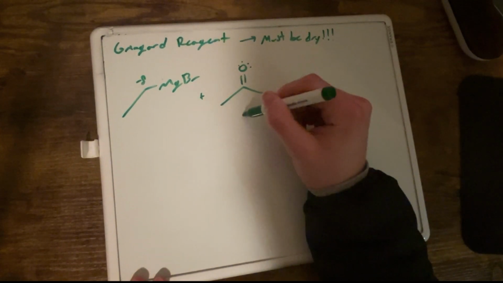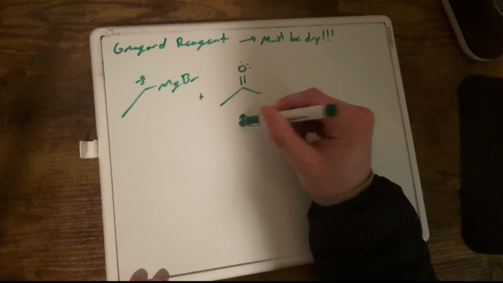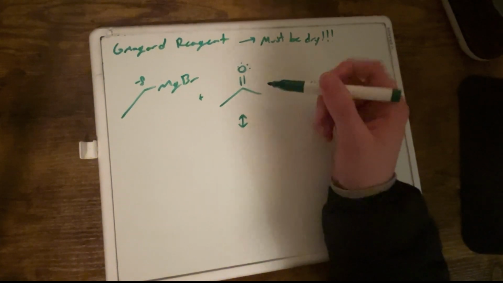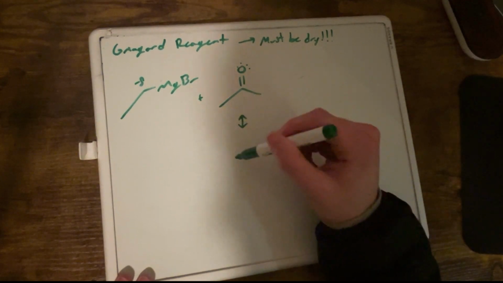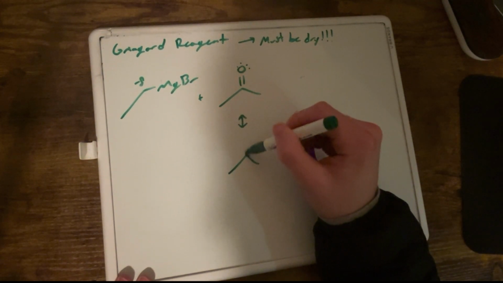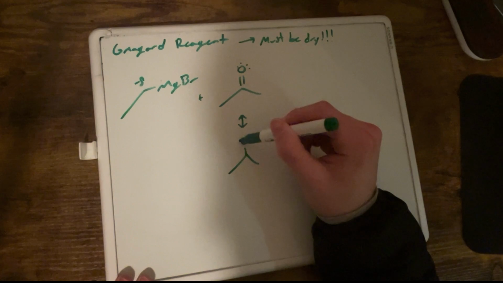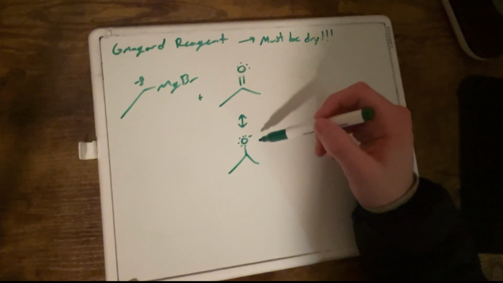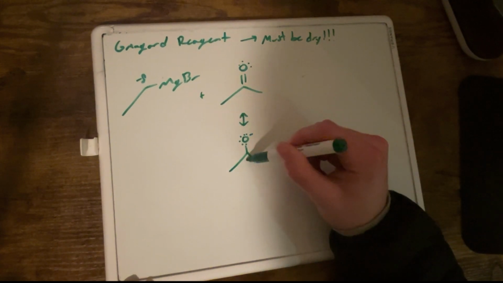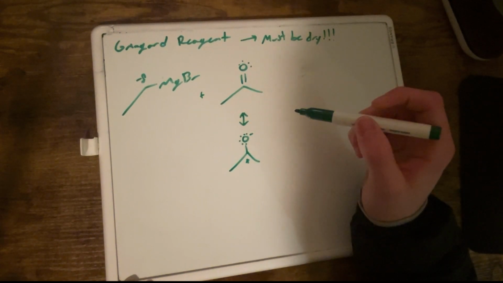Now, note that the reason this reaction happens is actually due to resonance. So another resonance structure of this ketone is this guy right here, where the oxygen atom is negatively charged, this carbon is positively charged.